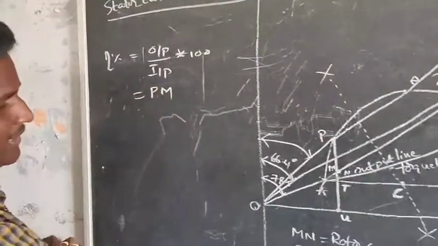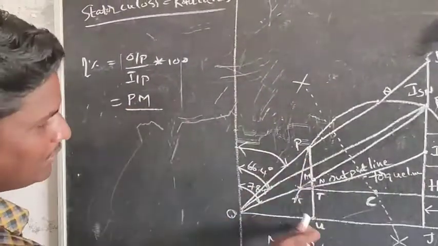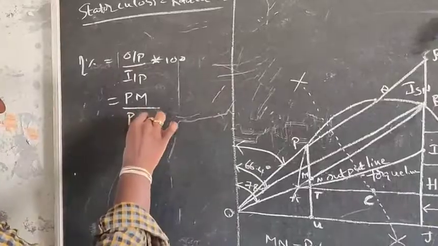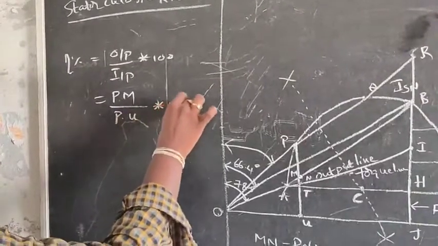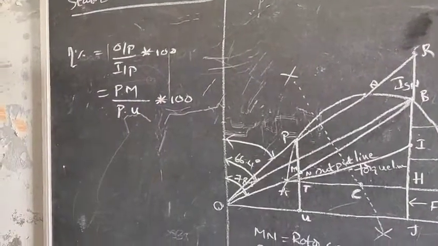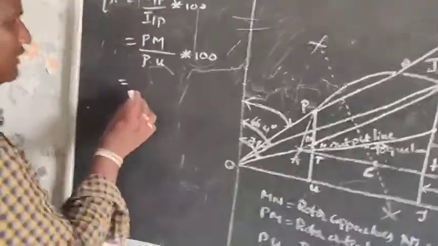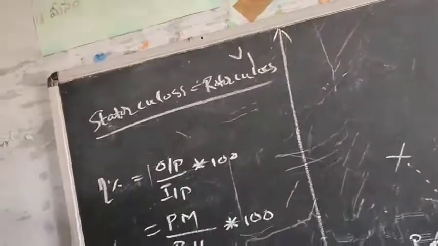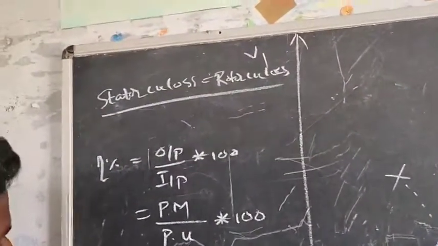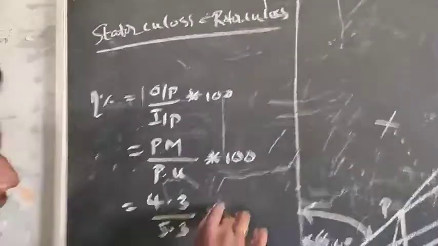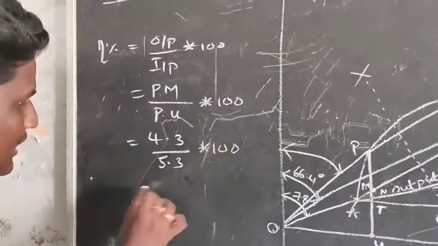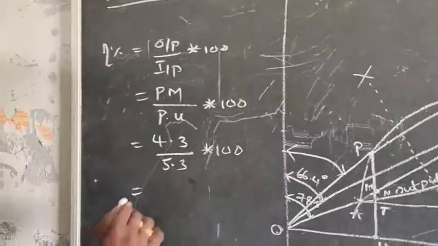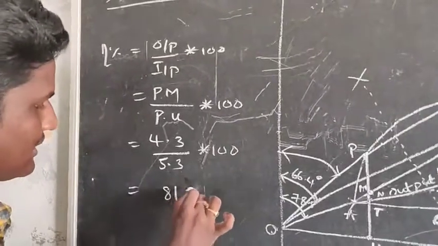The length of PM divided by PU into 100. From this problem, the length of PM is 4.3 centimeters and PU is 5.3 centimeters, into 100 equals 81%.